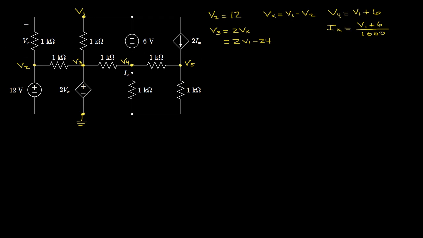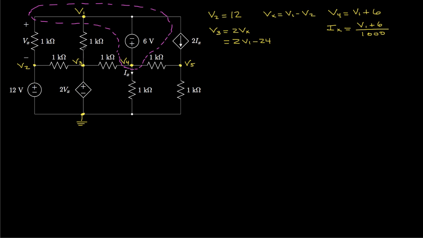Now, I mentioned earlier that V1 and V4, because they're connected by a voltage source, form a supernode. So let me just show you where that supernode is. I'm going to enclose it this way. So basically I'm going to draw a region around every wire that enters the node with the voltage V1 or V4.